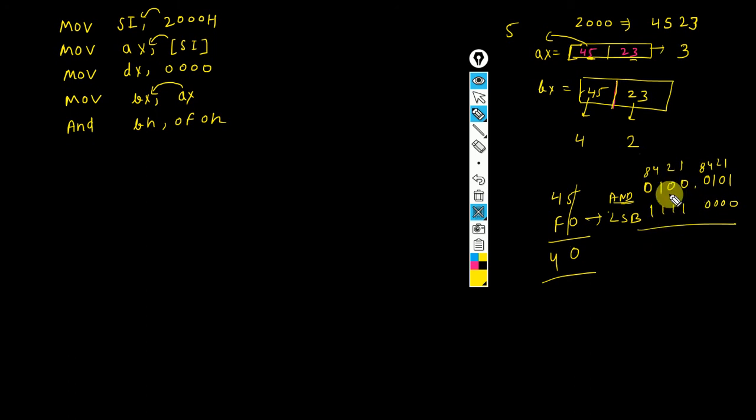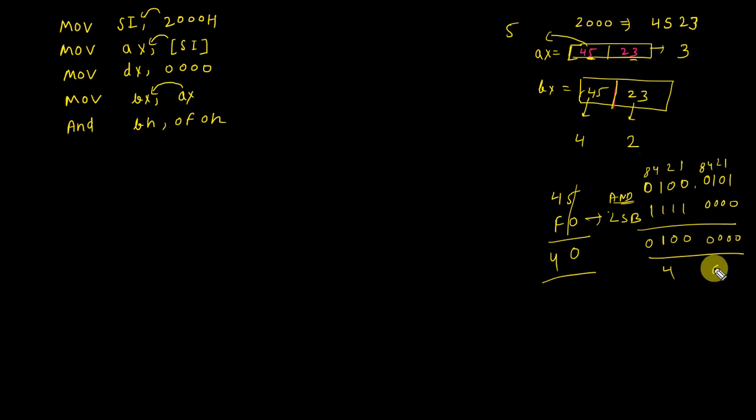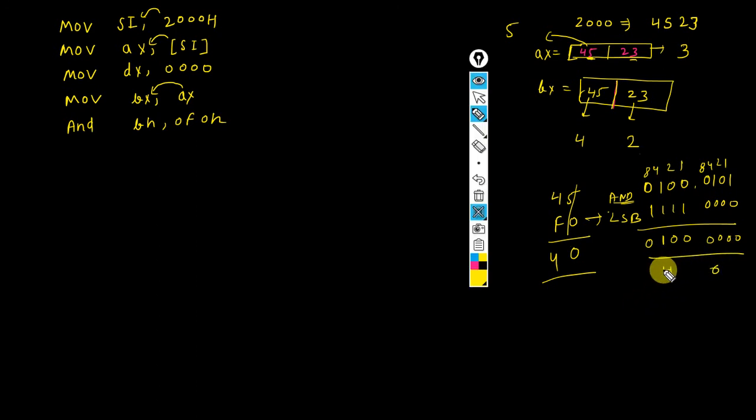Only here both bits are high, so the output is high, and the others result in 0. So this is your 4 and this is your 0. Suppose we want 4 in the unit place. Here we rotate this digit four times.